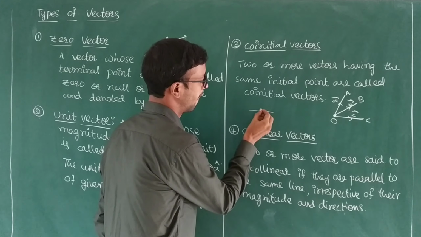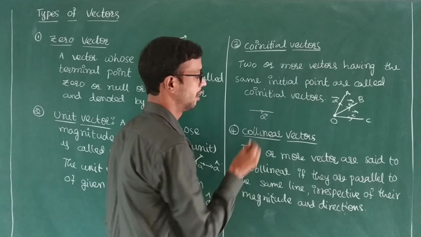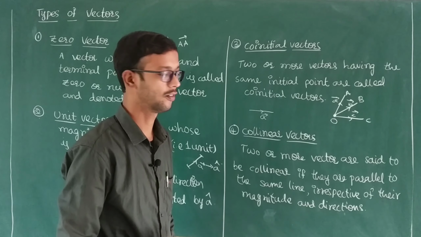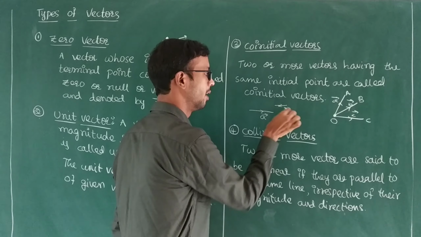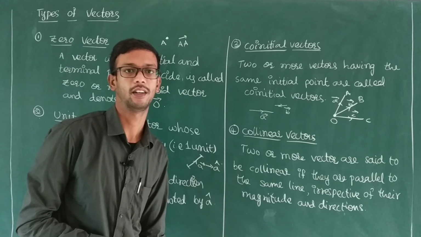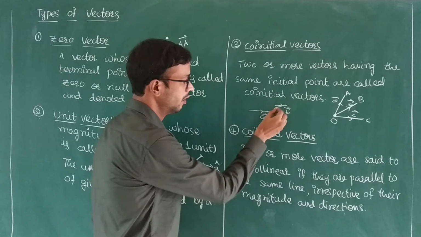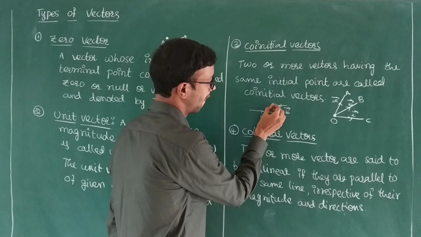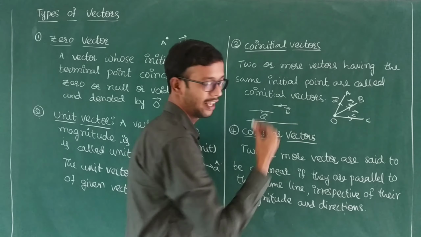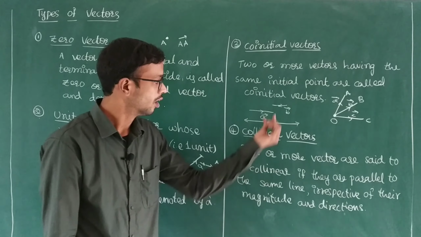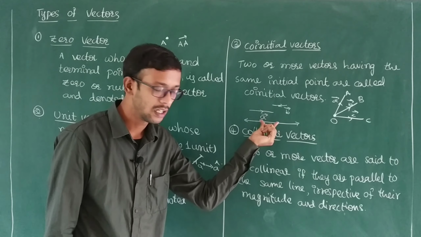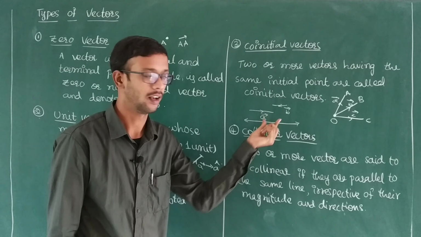A bar is one vector and B bar is also a vector. These two vectors are parallel to one line. This is the one line I am writing. Two vectors parallel to the one line.